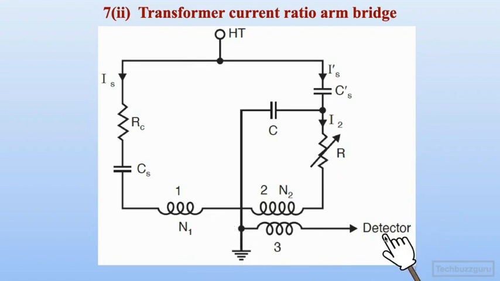And null detection will be done by the third winding. Let us check this operation. So this is turn 1, N1, N2, and then N3. And the null balance detection winding is the third winding.